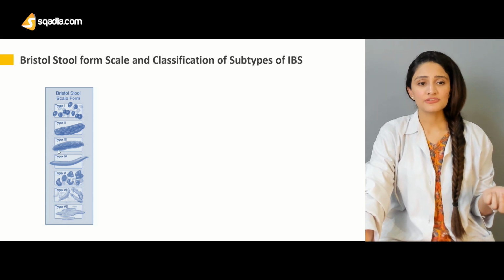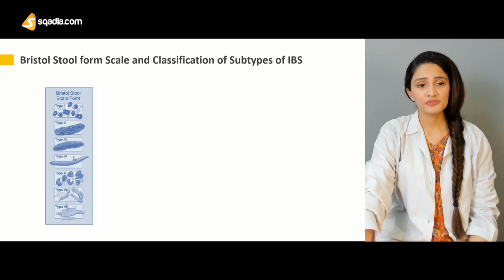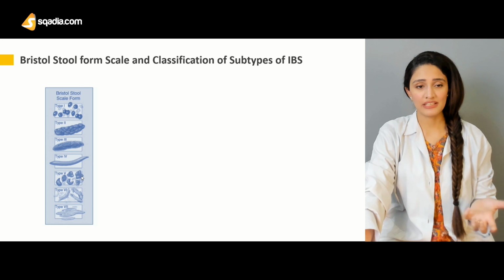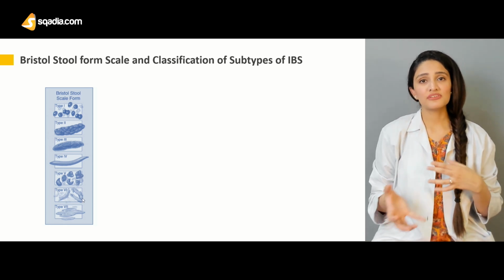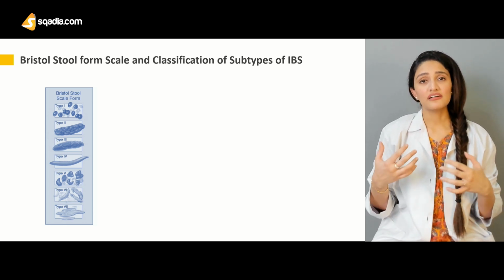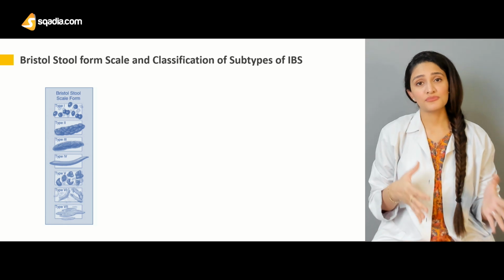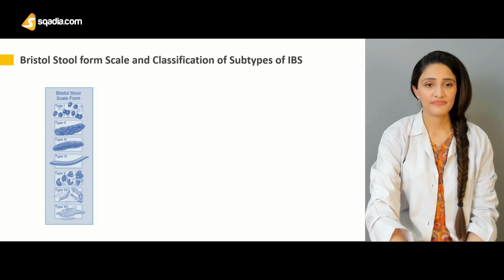Third and fourth are usually the normal types of stool forms. Type 5 has irregular and different types of shapes. Types 6 and 7 are lighter colored stool, and it's usually more towards the diarrhea side. So it's more loose stools and more watery stools.